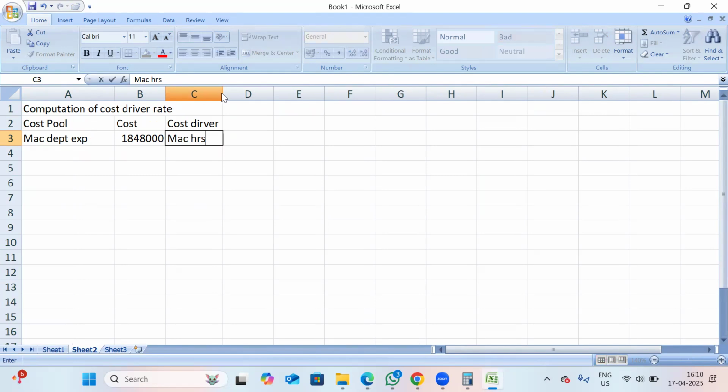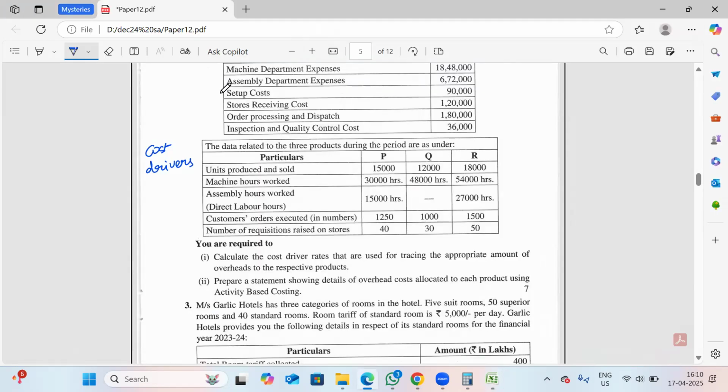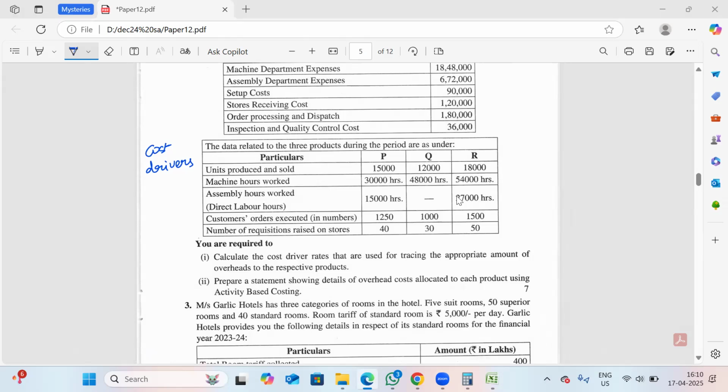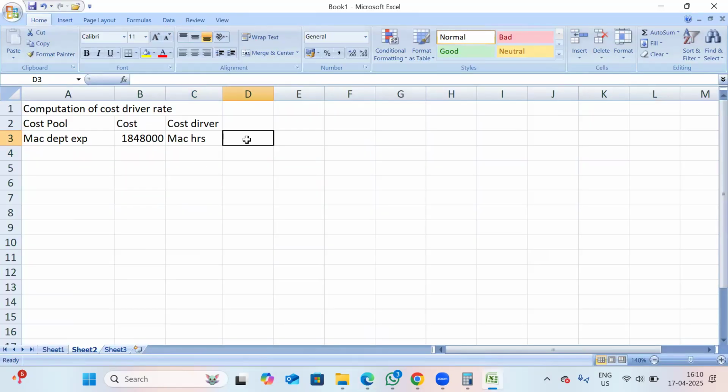How many machine hours do I have? 30,000 plus 48,000 plus 54,000, so total machine hours are 1,32,000. My cost driver rate will be 18,48,000 divided by 1,32,000, so 14 rupees will be my cost driver rate.